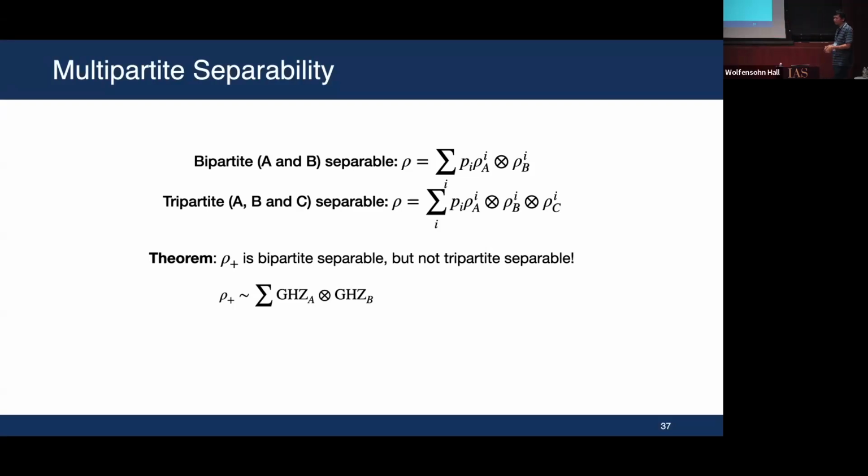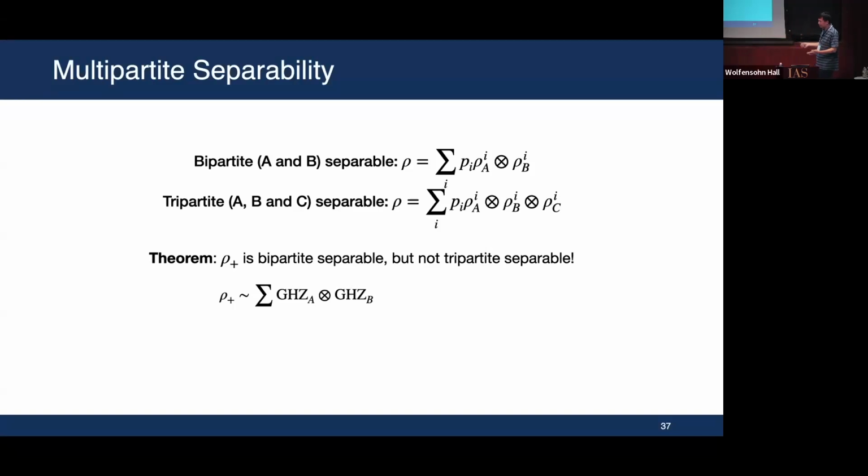That's the notion of separability for pure states. There's a generalization of that notion to mixed states. Let's take bipartite separability as an example. If I divide the system into two parts, I'll say that rho is bipartite separable if I can write it as a convex sum of tensor products of states on A and B. That's what I mean by bipartite separable states.